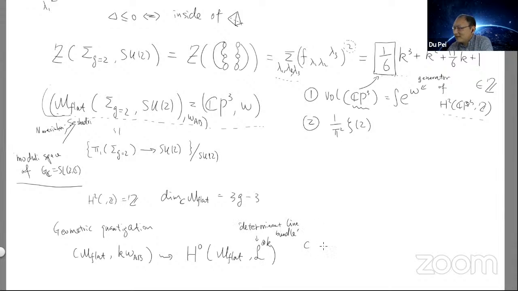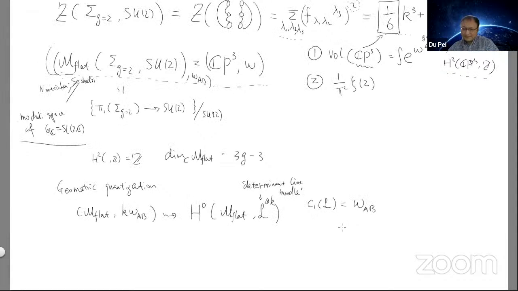It has the property that c1 of this line bundle equals omega. Here I have already used the interpretation of M_flat as the moduli space of G_C bundles.